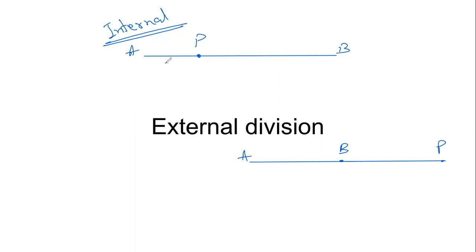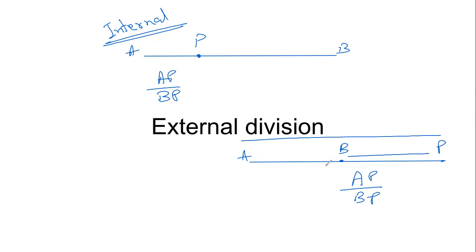In case of internal division, we are taking the ratio AP by BP. Here also, the ratio will be same, AP by BP. But here, AP is more than the line segment, BP is outside the line segment.